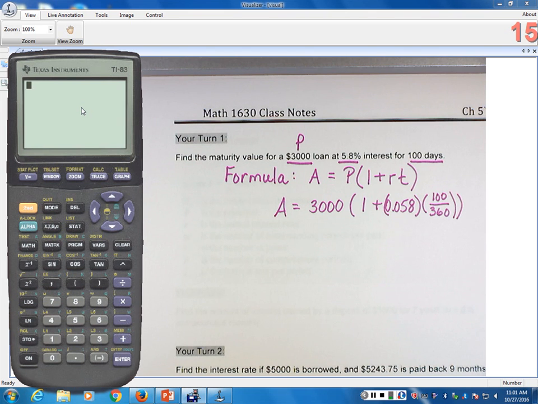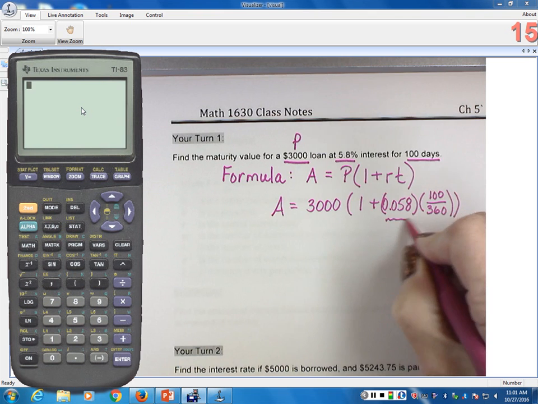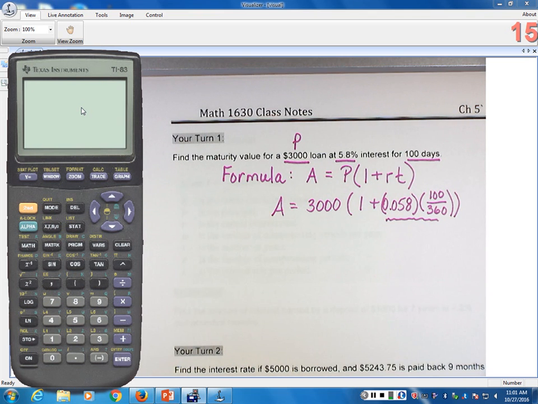So we probably want to do this part first. Where'd you get the 360 from? 360 days per year. Even though there's 365 days in a year, finance always assumes that there's 12 30-day months, which is 360, okay?